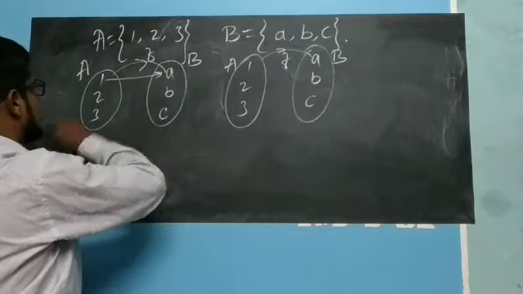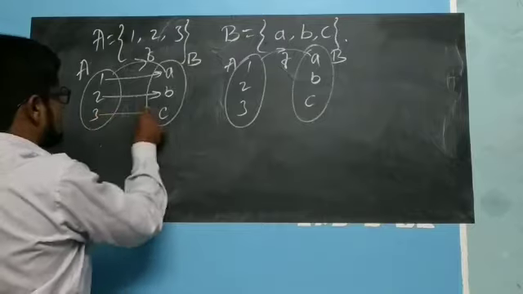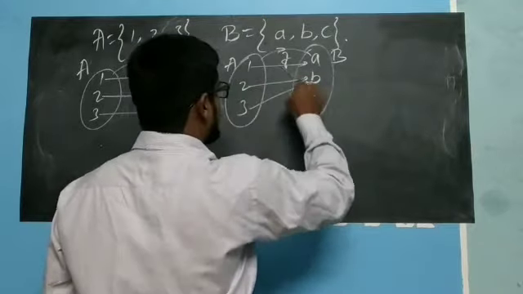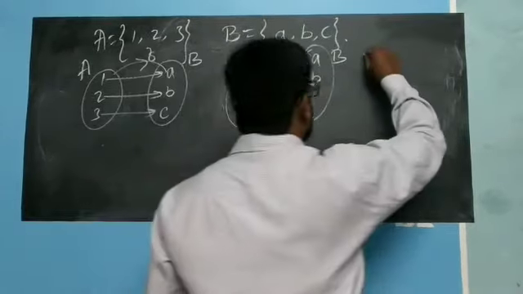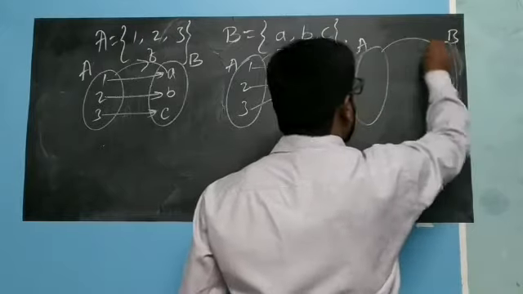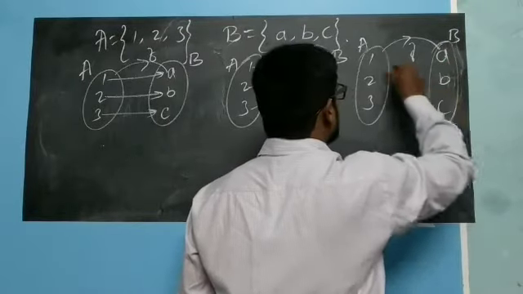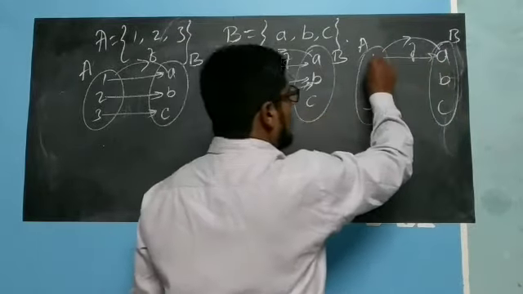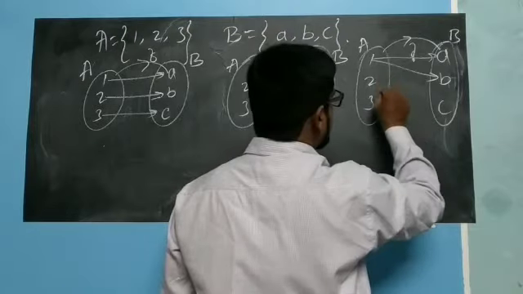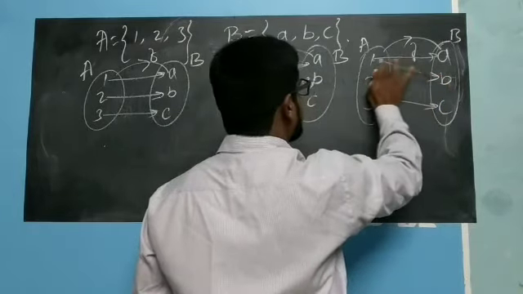The mapping here is like this: 1 to A, 2 to B, and 3 to C. Here 1 to A, 2 to B, 3 also to B. Here is one more diagram.